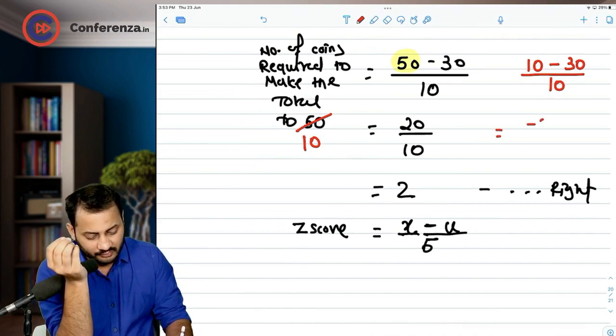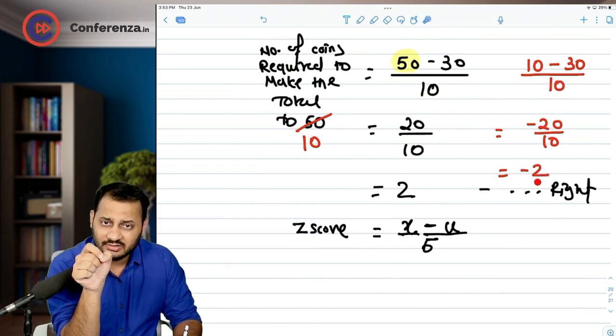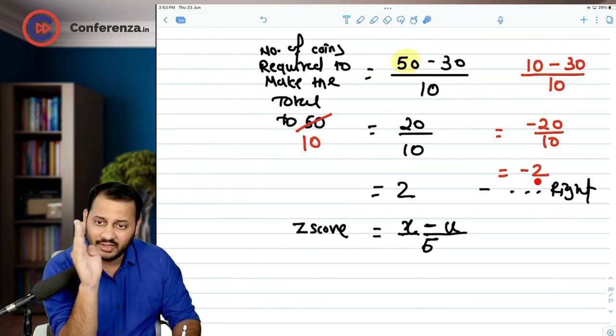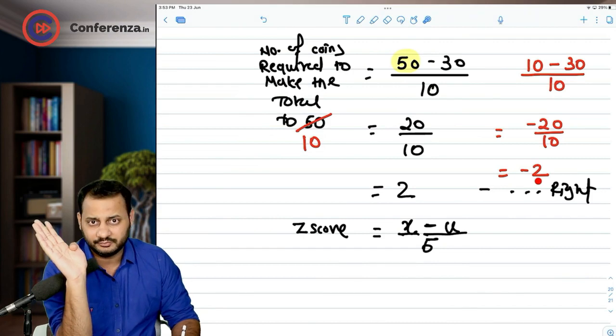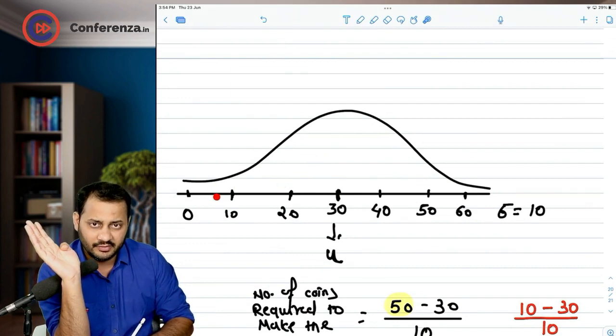The answer will be minus 20 by 10. The answer will be minus 2. Now in this case, when the answer is negative, that means you have to go left from the mean. Do you understand this? Left, 2 steps left from the mean.